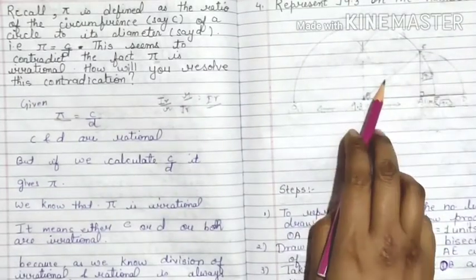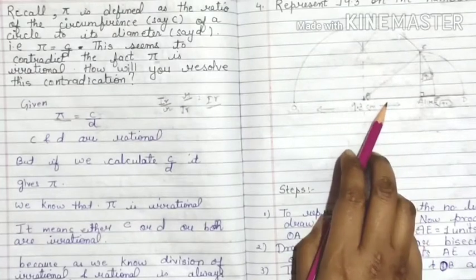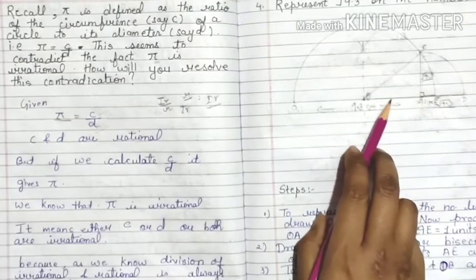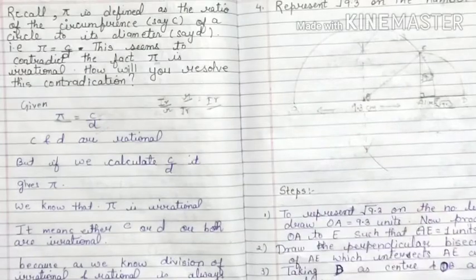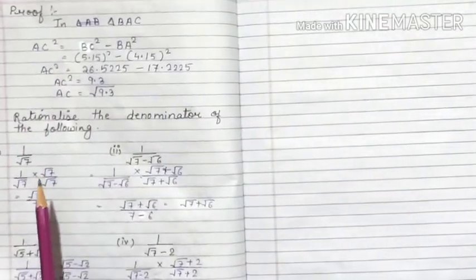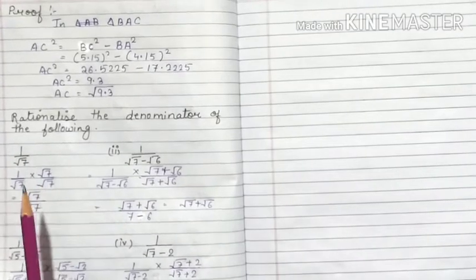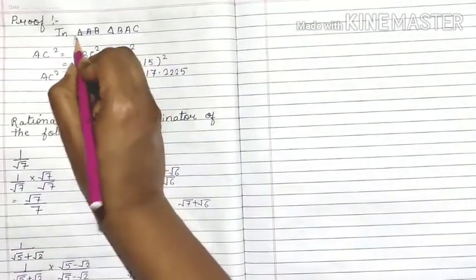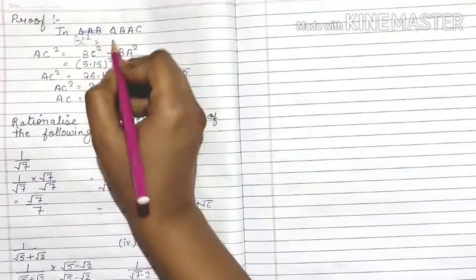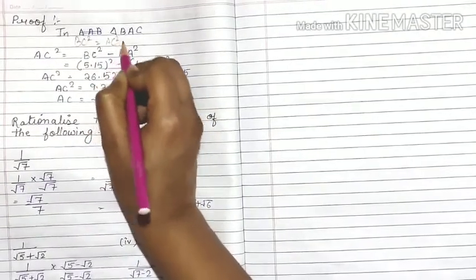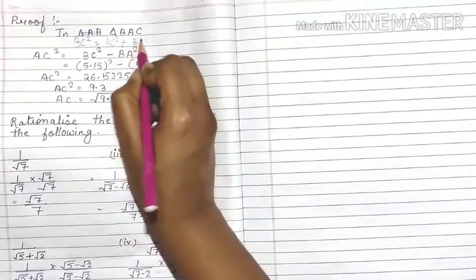So hypotenuse square is equal to perpendicular square plus base square. So here BC square is equal to AC square plus BA square.